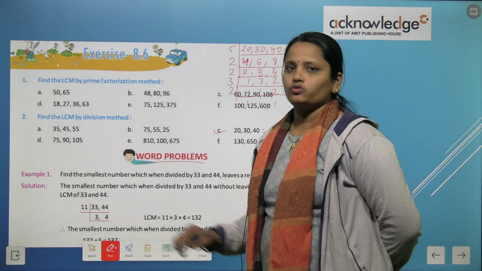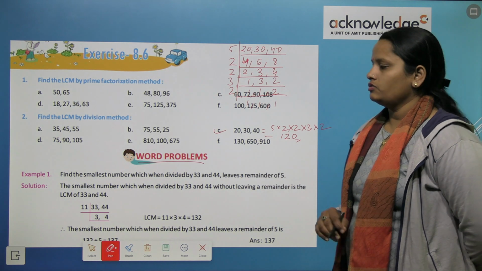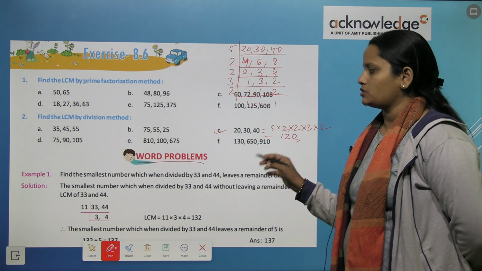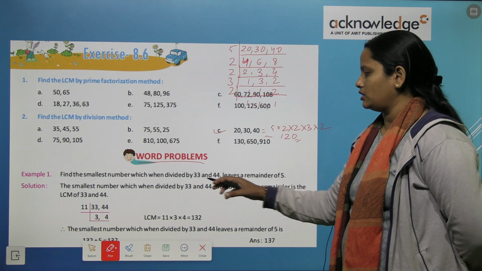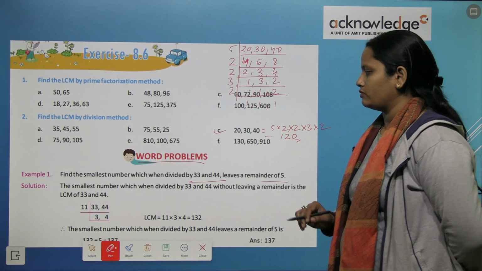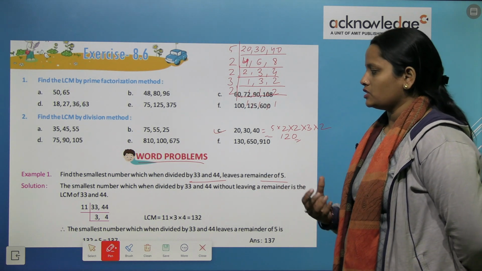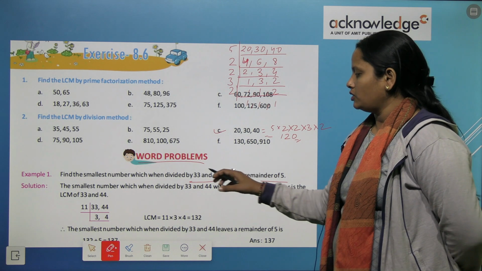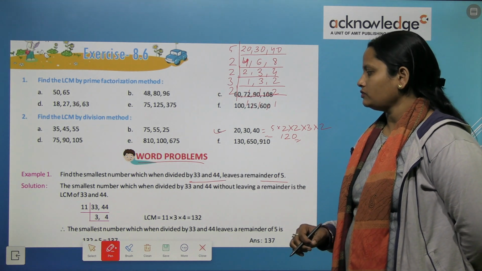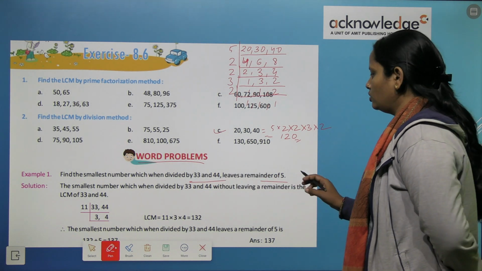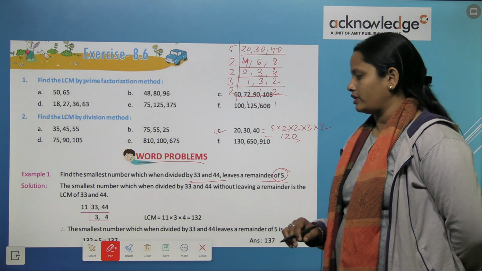Now let's move on to word problems. Here the first example is find the smallest number which when divided by 33 and 44 leaves a remainder 5. एक ऐसा smallest number निकालना है जिसे हम 33 और 44 से divide करें तो remainder 5 आना चाहिए.